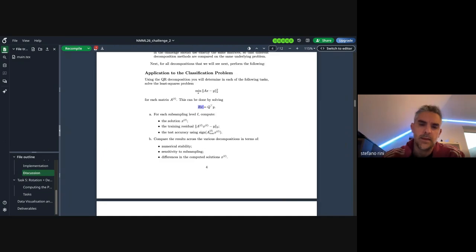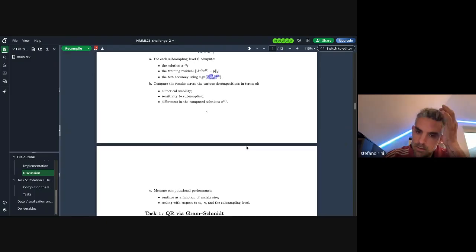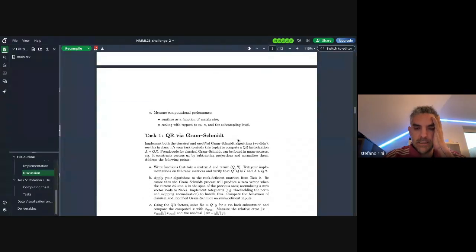Okay? Once you have found the x, you take some of your test set and see what the performance is in the classification of the elements in the test set. And you can check the numerical stability, the performance of the subsampling, and so on. So the different applications there.